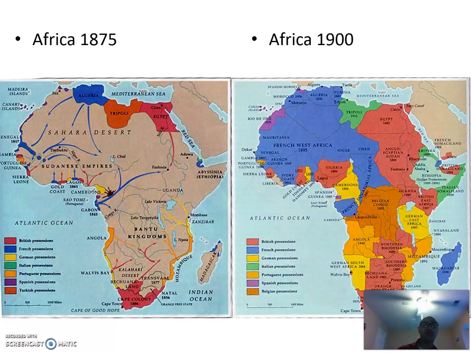But in just 25 years, look at the scramble for Africa and look at how all of Africa, with the exception of Ethiopia, and I guess one could argue Liberia, is taken over by European empires in literally just 25 years because of, again, largely the desire for raw material, amongst other things.